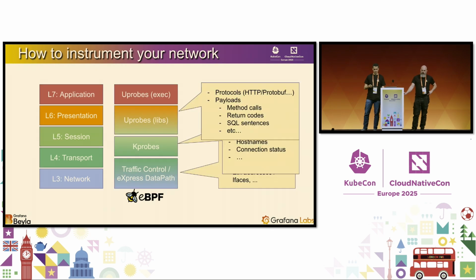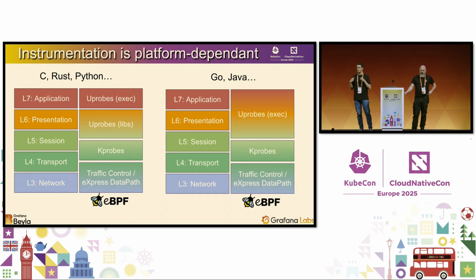But instrumentation, even this, is not uniform. I said it's not just installing a program and that's it, but it's also not installing four programs and you have everything. Because, as we said, it is platform dependent. You need to know the binary organization, you need to know the runtime organization, and you might have different applications in your system using different technologies.